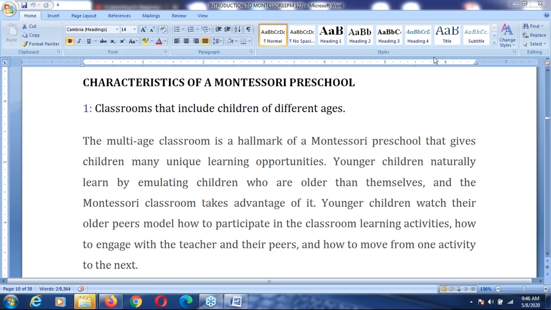So the teacher respects the children by giving them the opportunity to go to the shelf, choose and pick the material of their choice, and then sit down on their seats and learn and explore whatsoever interests them.